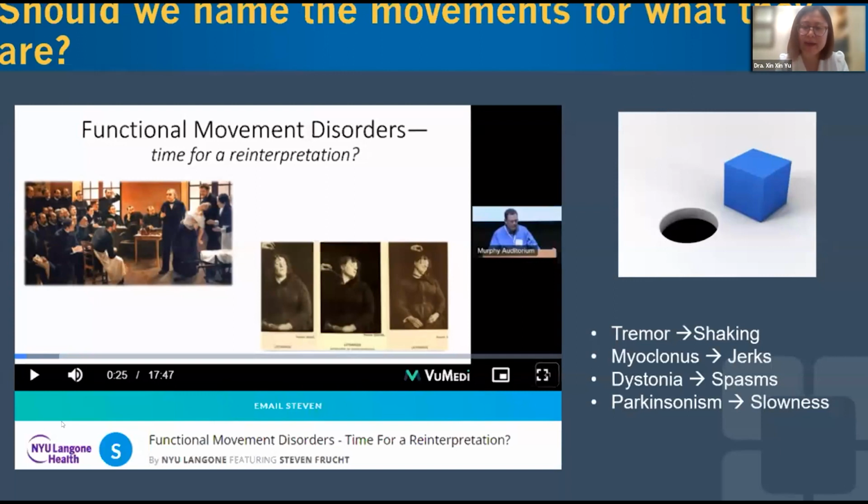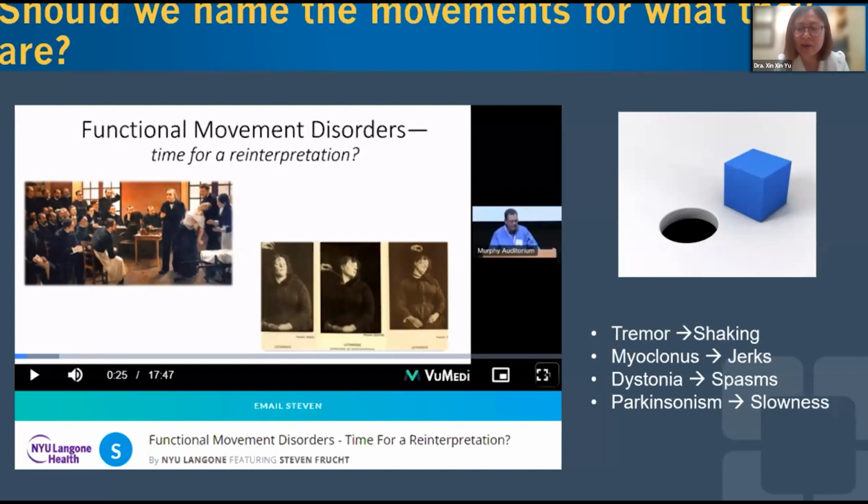He talked about how this might be confusing to patients in terms of trying to understand the diagnosis and treatment. And the patients may wonder, why am I not going through all the workup for myoclonus? If you're calling it myoclonus, or if you call it dystonia, why am I not getting all the genetic workup? And he raised concern that this may contribute to redundant and unnecessary workup for these organic counterparts.